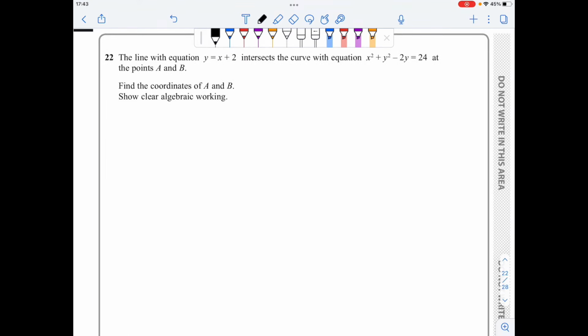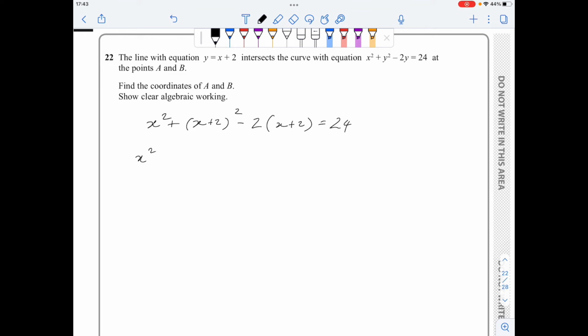In question 22, we need to solve nonlinear simultaneous equations. I will substitute x plus 2 into y. So x squared plus (x plus 2) squared minus 2(x plus 2) is equal to 24.